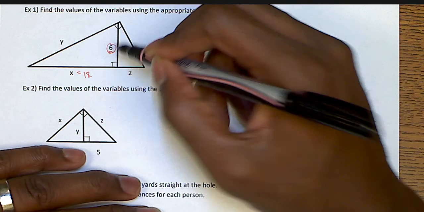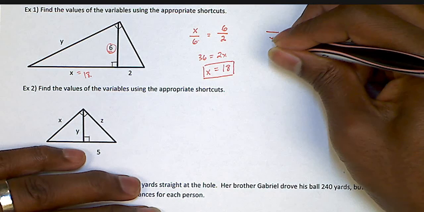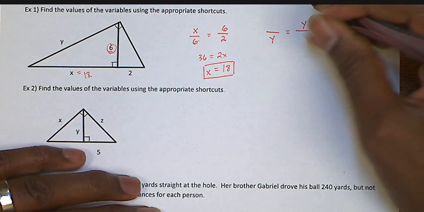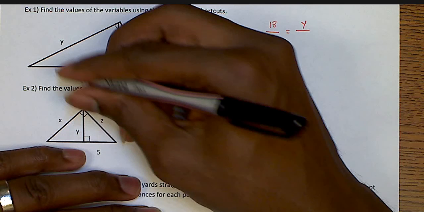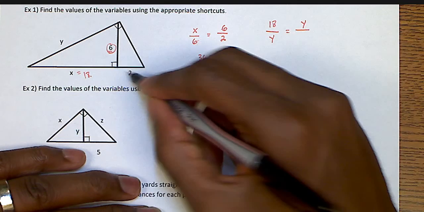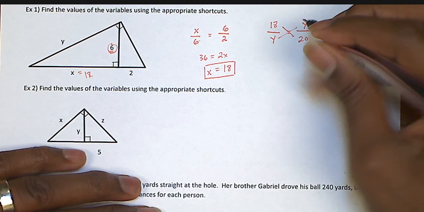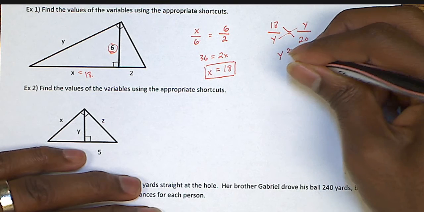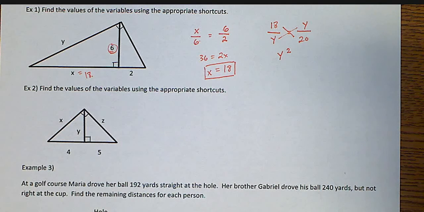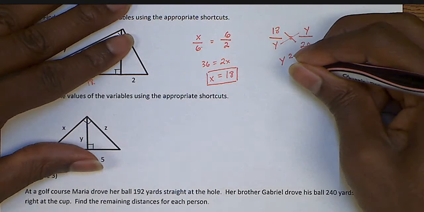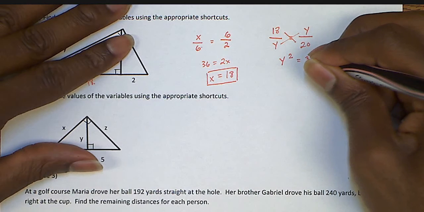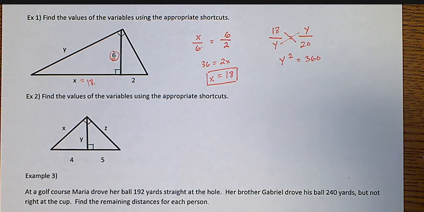Y should be the geometric mean between the segment adjacent to it, 18, and the entire hypotenuse, 18 plus 2, which is 20. So I'm going to cross multiply. Y squared gives me 360. I hope I'm right on that. Okay, so y squared gives me 360.